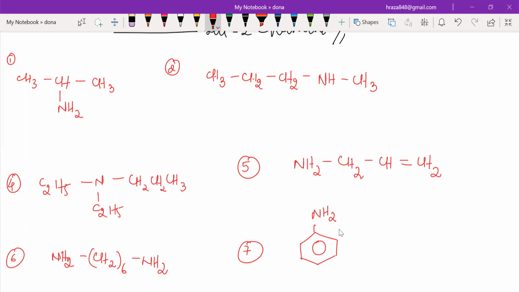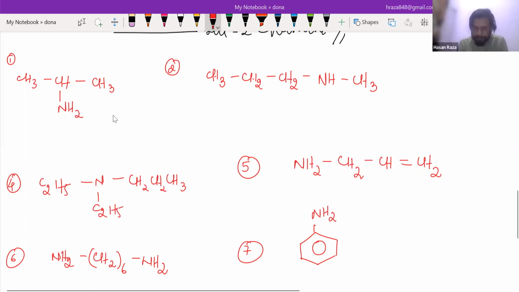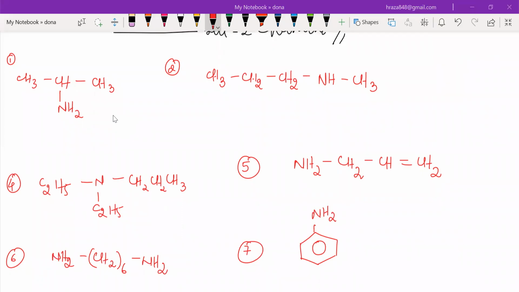So for the first one, it's only connected to one CH. So how do we take the parent? Is this primary, secondary, or tertiary? What do you think? This is primary.